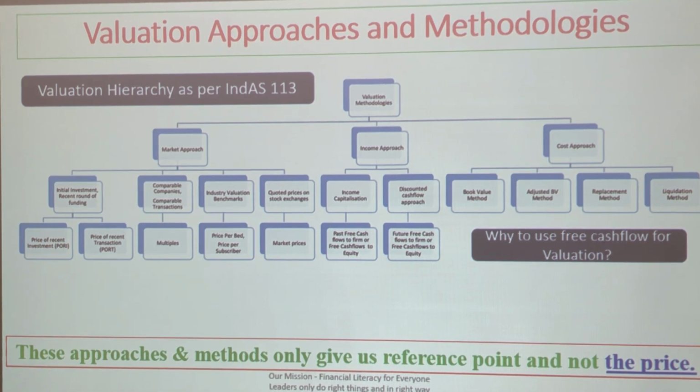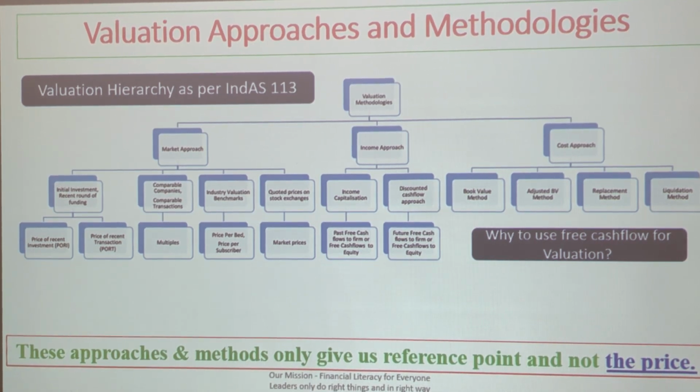Or you can also use the operational KPIs. So how will you do the valuation using the operational KPIs? Say, for example, you are doing the valuation of a hotel.